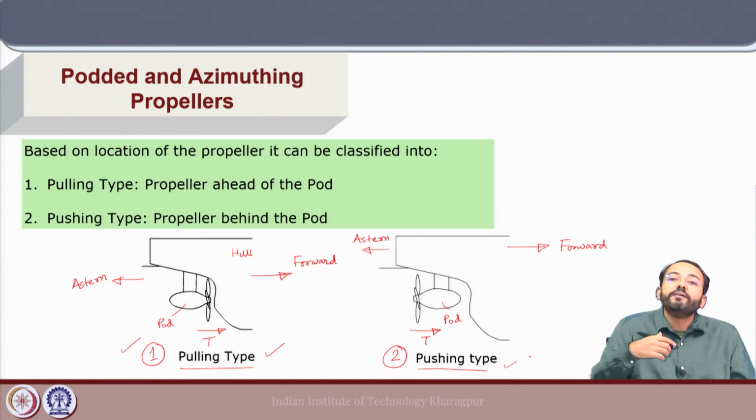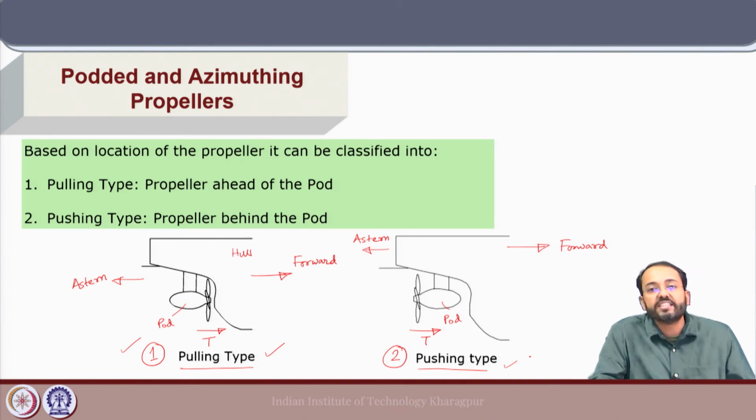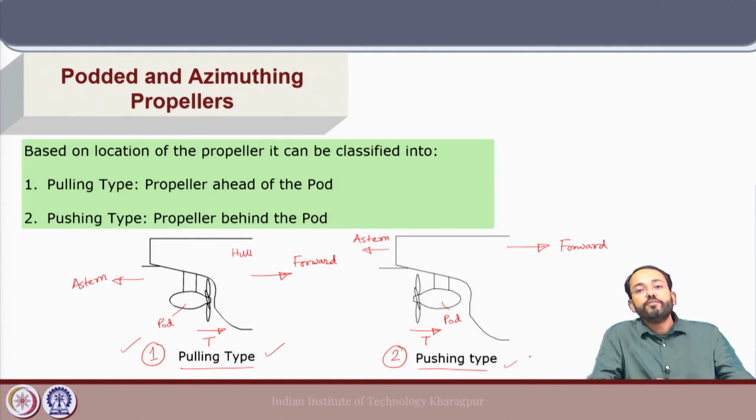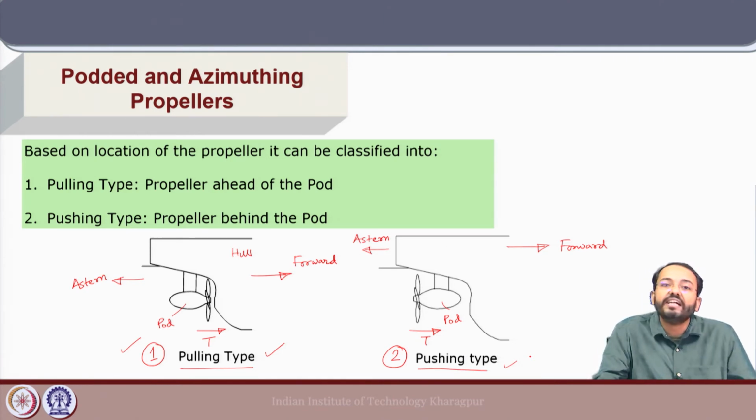But on the other hand, for the pulling type, the pod is behind the propeller slipstream. So, the pod drag will be higher as compared to the pushing type. Because the flow is accelerated behind the propeller due to its rotation, the pulling type podded propeller will have a higher pod drag as compared to the pushing type. So, these factors need to be taken care of while designing these pulling and pushing type podded propellers and their application on specific vessel types.